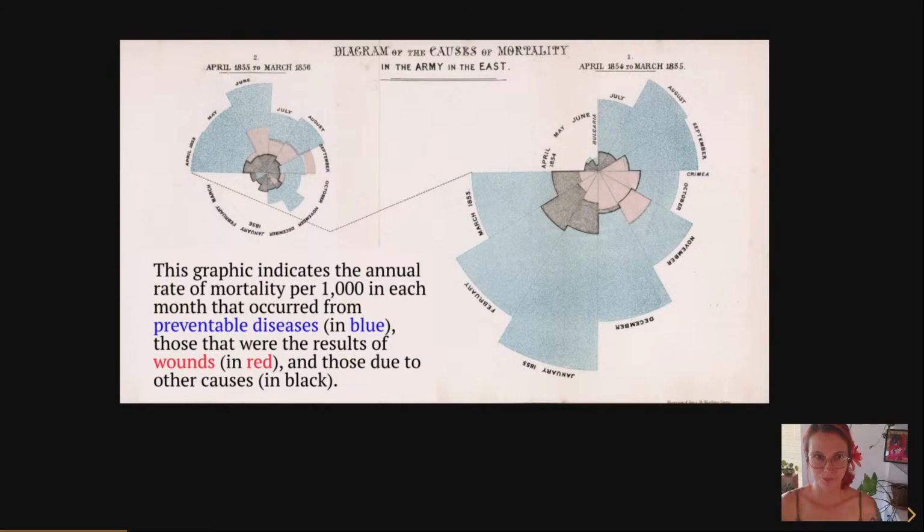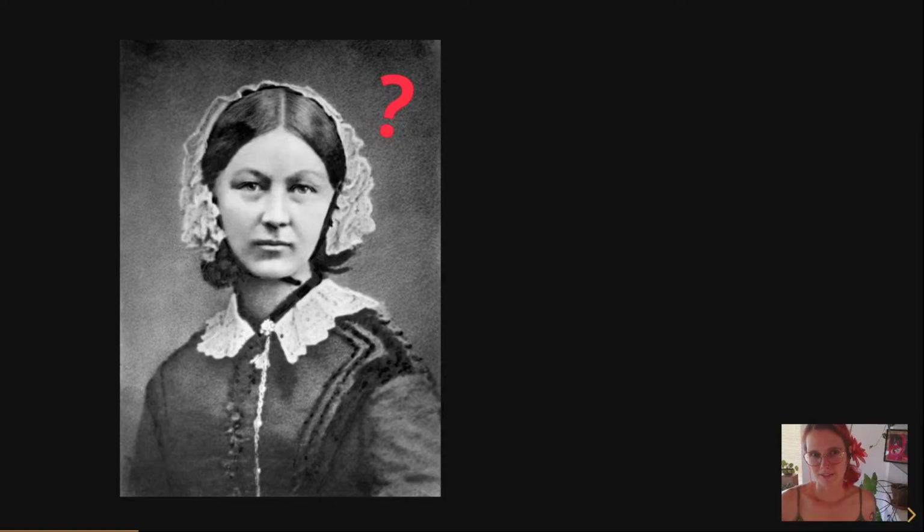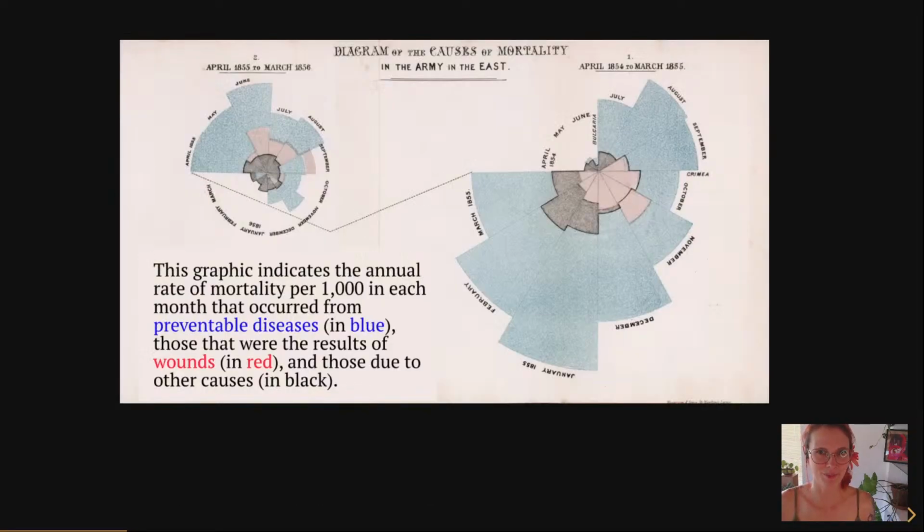On this graphic, we can see how the death from preventable diseases goes down when you introduce some forms of hygiene and, you know, you don't cram everybody in the same space. But was this the best form for this data, right?